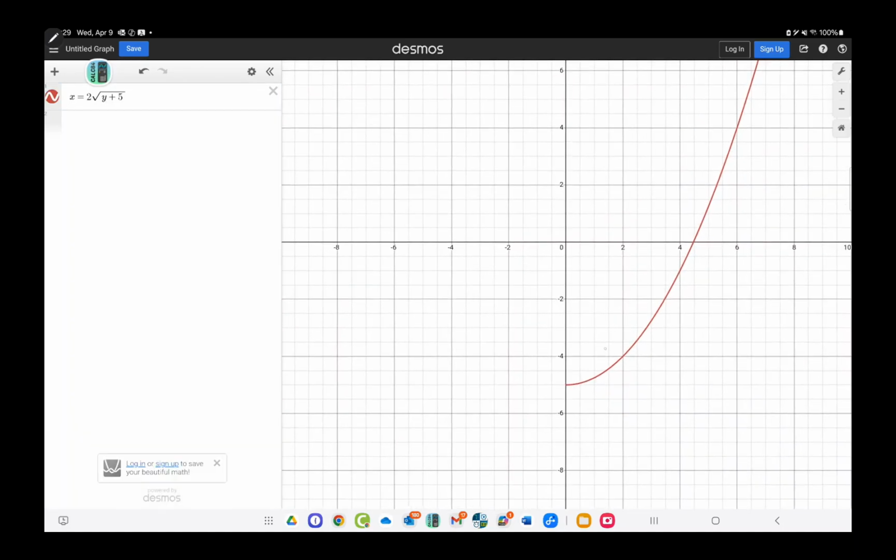So at -2, we have that value, which is helpful. At -1, we have 4. And then at 2, we have that value. So that's what it's going to look like. Okay.